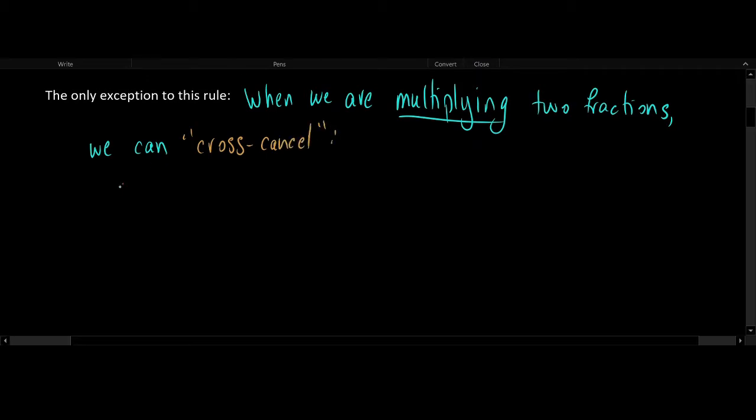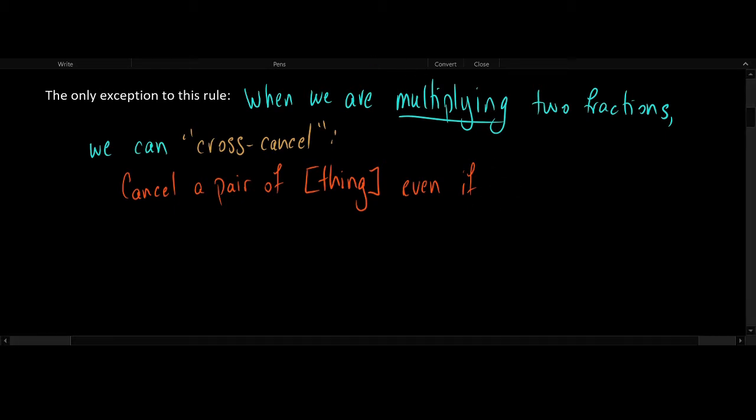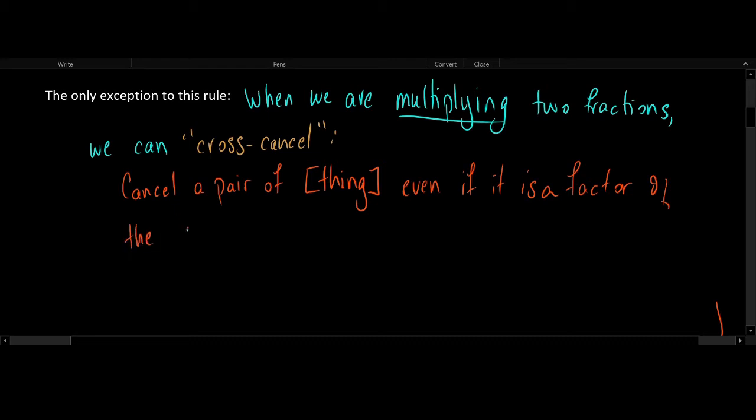And this refers to canceling something out, let's just call it thing in brackets for short, even if this thing appears in the numerator and denominator of two different fractions.